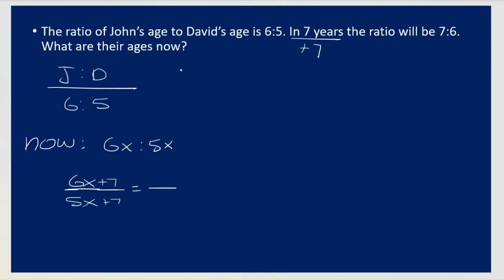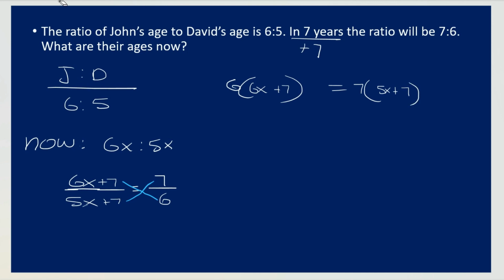And then here it says the ratio will be 7 to 6. So 7 to 6. And now we're just going to perform cross multiplication. Okay, so now one of the equations is 6 times 6x plus 7 whole, and then equals 7 times 5x plus 7.